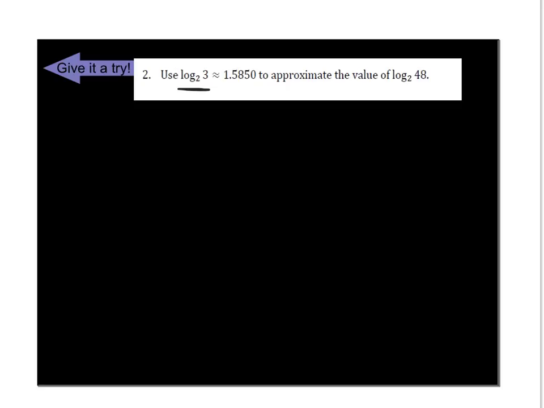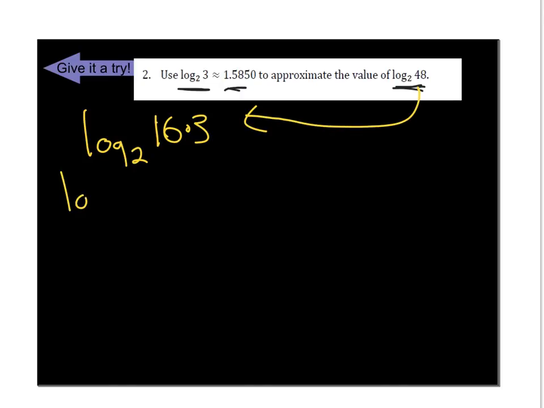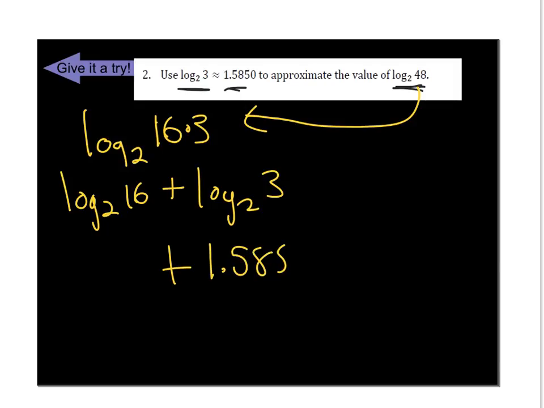So now if I use log base 2 of 3, equal to that, to approximate the log base 2 of 48. Here's where you've got to get clever and remember a couple things about logs. So log base 2 of 48, I can split 48 into 16 times 3. So that would be log base 2 of 16 plus log base 2 of 3. Now the log base 2 of 3, we've been told, is 1.585.